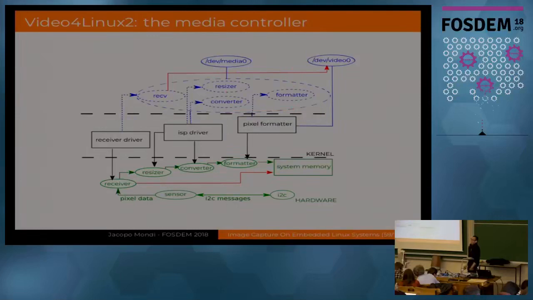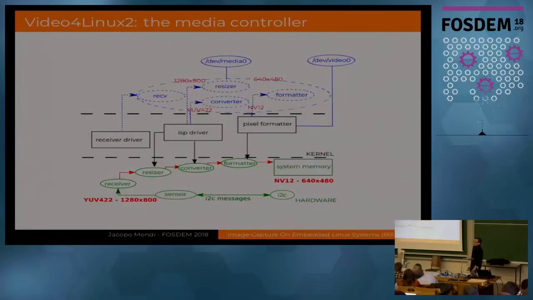At the same time, you may have a very simple use case where you don't want to use all the things here. So the Media Controller API allows you to link just the receiving side to the main memory and perform no transformation. That's all it is.